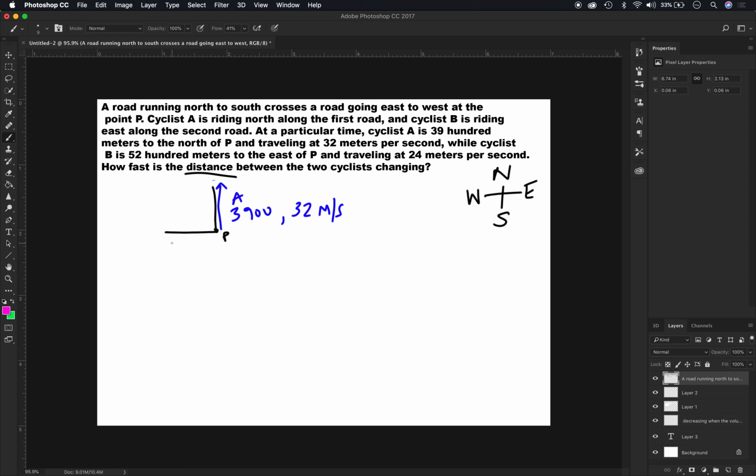We're still gonna put the 24 right here. And 5,224 meters per second. Riding east. Oh yeah, whatever. We're just gonna, how fast is the distance between the two cyclists changing?